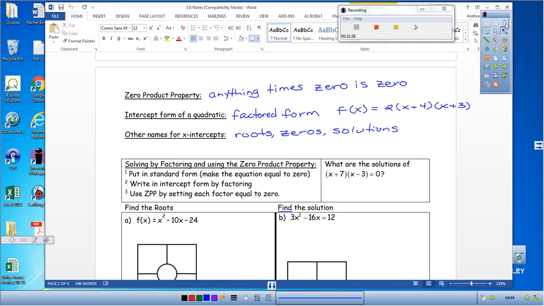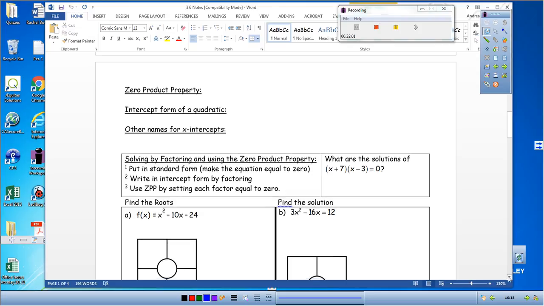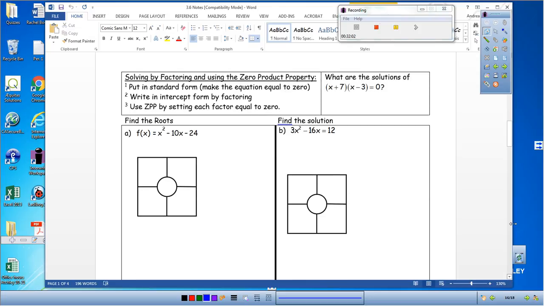Okay. So if they're asking what are the solutions and we're looking for the x-intercepts, all we're going to do is separate our factors and set them equal to 0, because one of these two factors needs to be 0 in order for your answer to be 0. That's the zero product property.